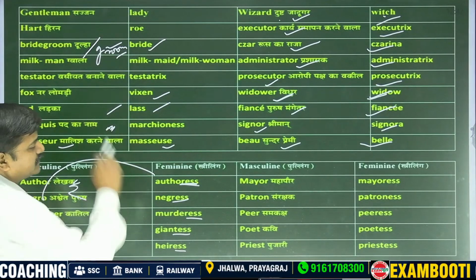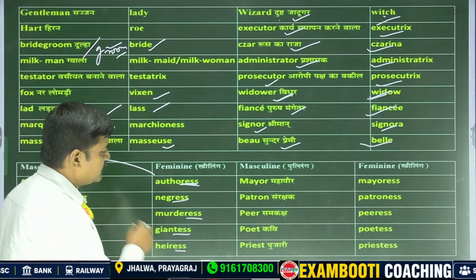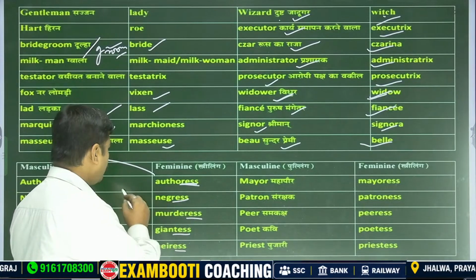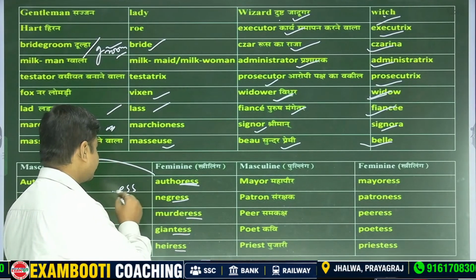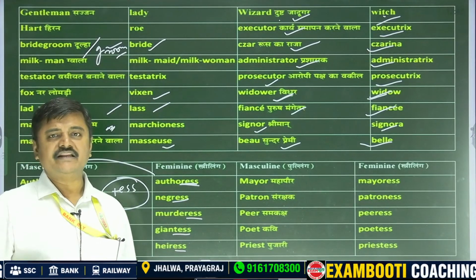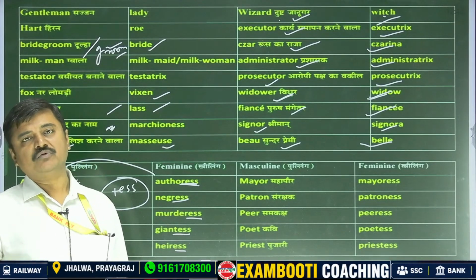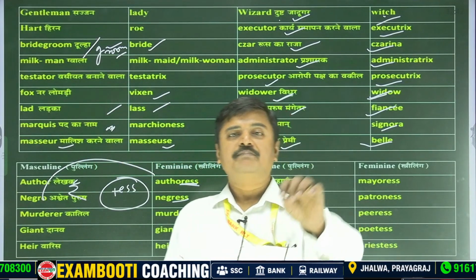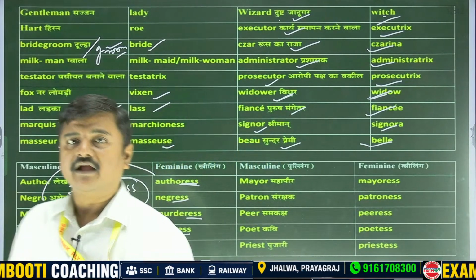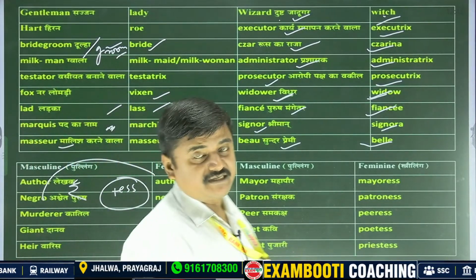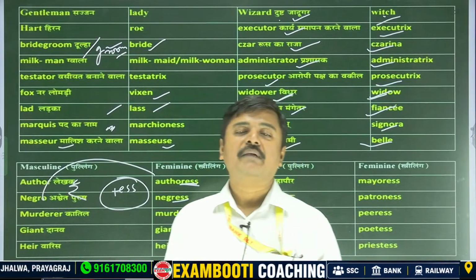If you remember the first list, the second list of these words is very easy to understand, because you have to add only ESS. If you add ESS, you can very easily turn them into feminine gender. So I hope you now have a very clear picture of all these things and you can understand it very clearly. So this is the gender section of noun that is completely over.